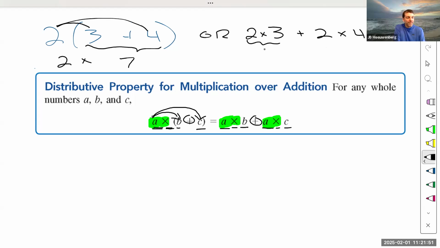And what you arrive at is 6 plus 8. When you do both of those multiplications, 6 plus 8 is 14, which is the same thing you would get if you multiplied 2 times 7.